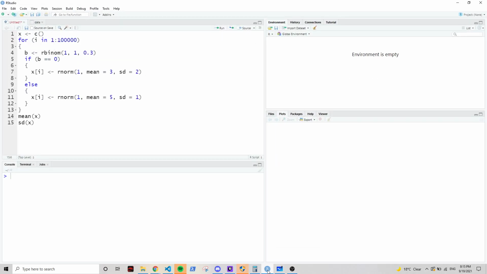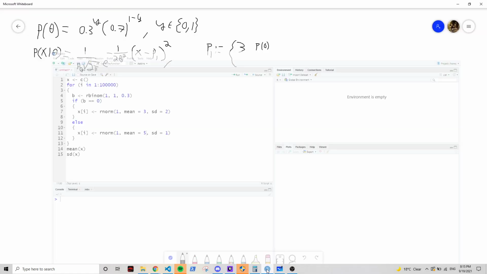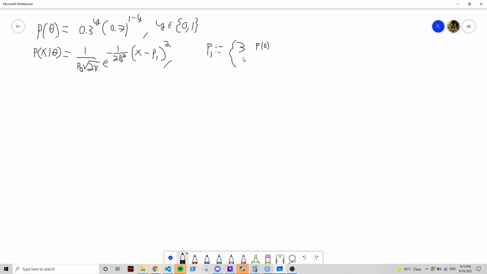I have this simulation here as an example.